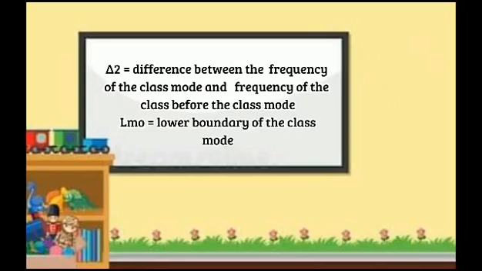Delta 2 equals the difference between the frequency of the class mode and the frequency of the class before the class mode. And Lmo equals the lower boundary of the class mode.